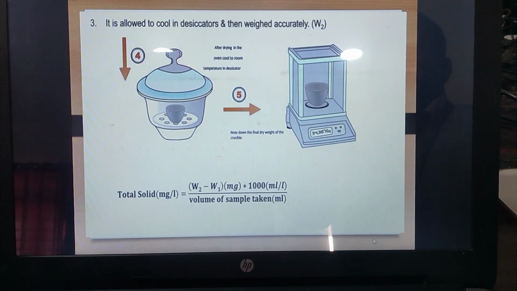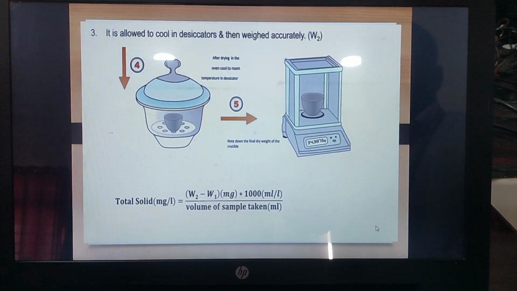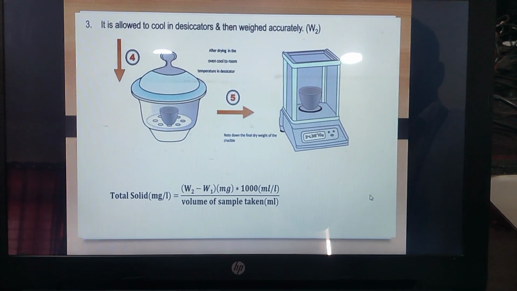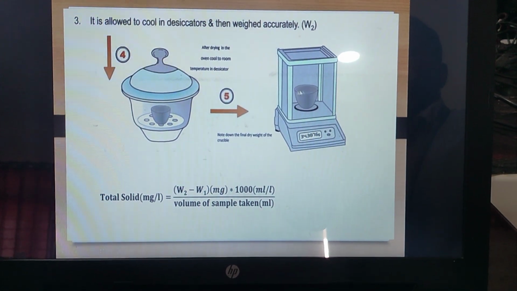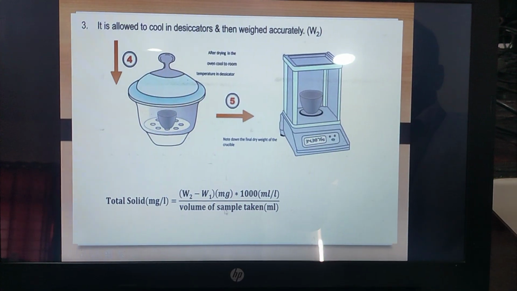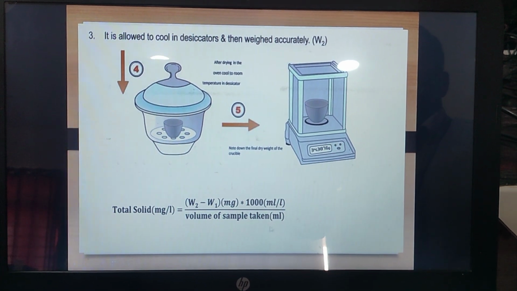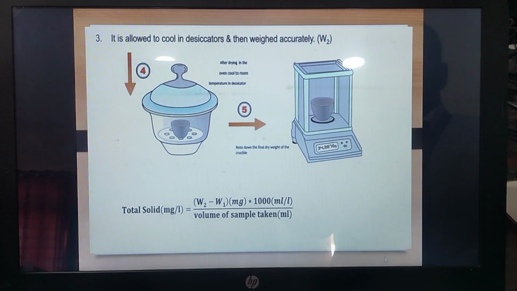Step 3: after removing the crucible from the oven, keep it in the desiccator to cool and weigh that crucible, that is W2. So (W2 minus W1) into 1000 milligram per liter by the volume of sample taken will give you the total solids in milligram per liter.